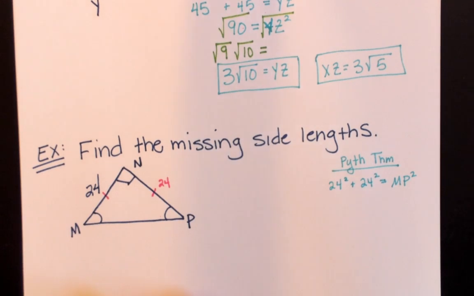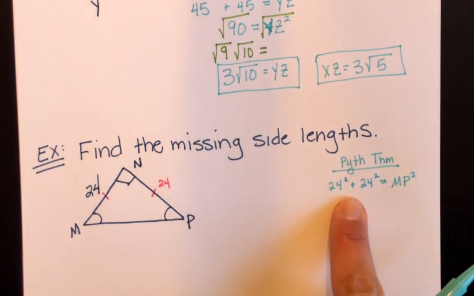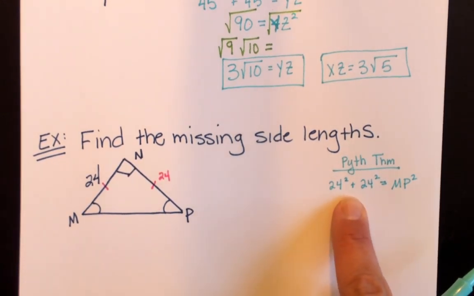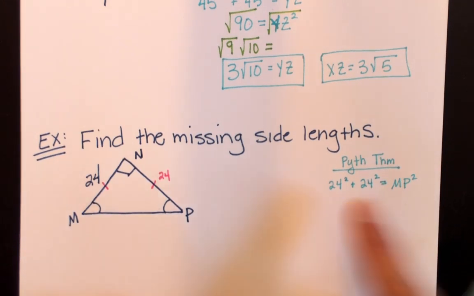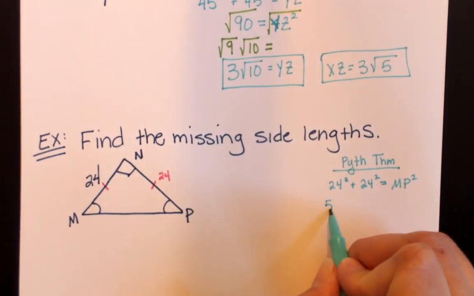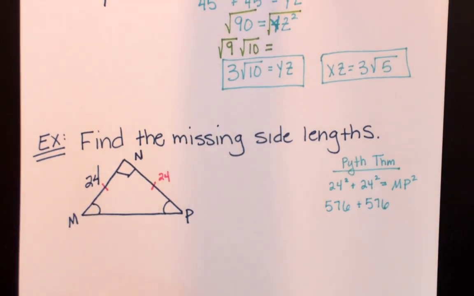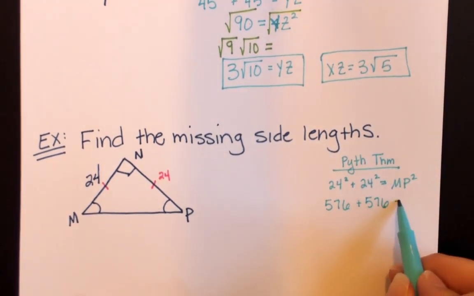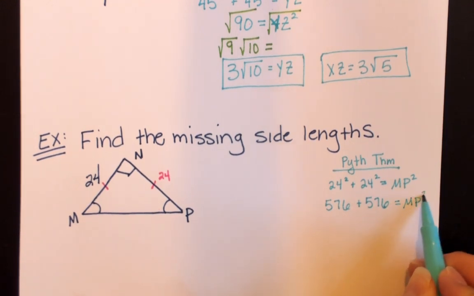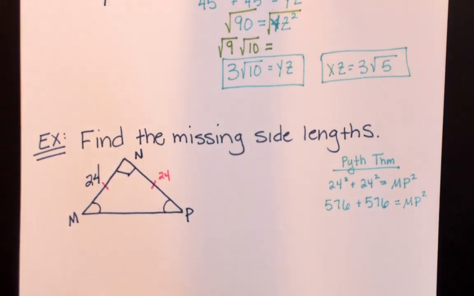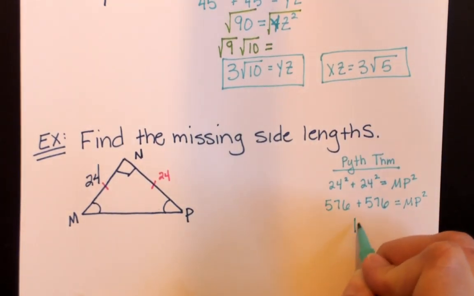So again, it has that same feel like our other example where it was 14 squared plus 14 squared. So you know as well as I do, we're going to end up with the same number, 576 plus 576 added together. And 576 plus 576 is going to be this really ridiculously big number.